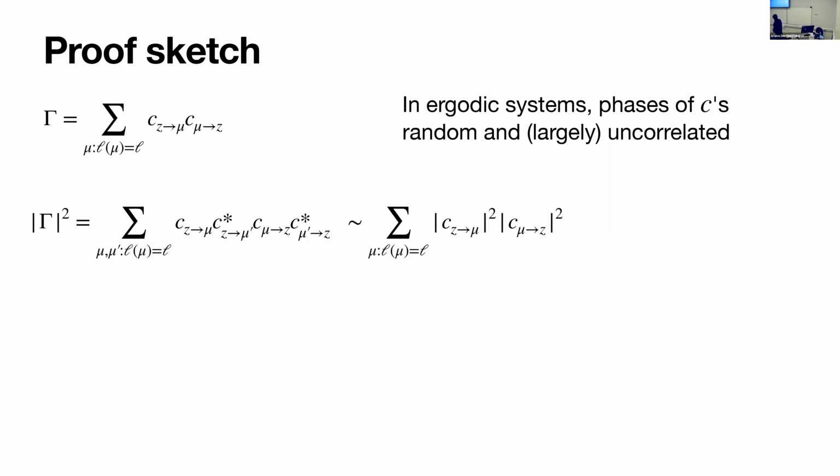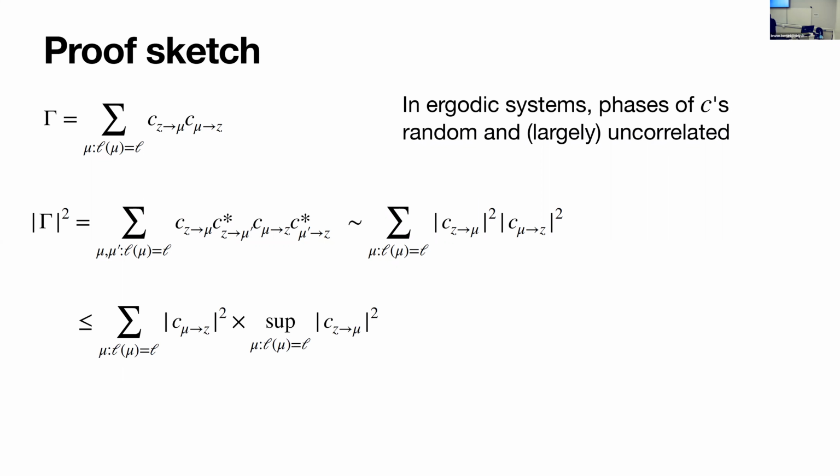This is exactly true again in our random circuit calculation. It's something that we think is at least partially true more generally, that mu and mu prime are locked to one another within the sum for the same reasons. So this sum is dominated by the cases where mu is equal to mu prime.